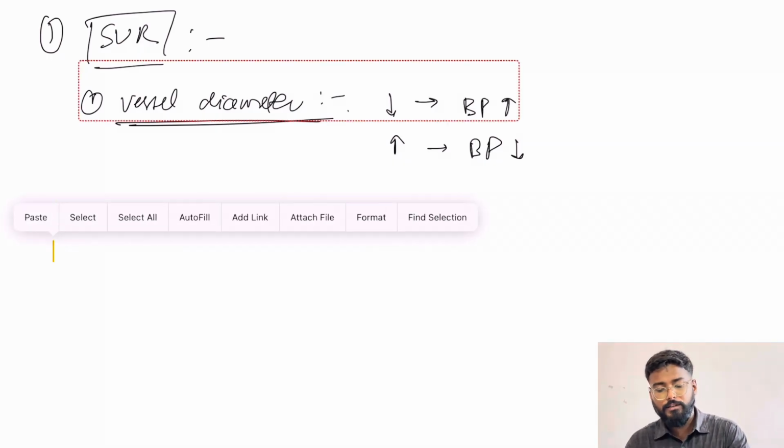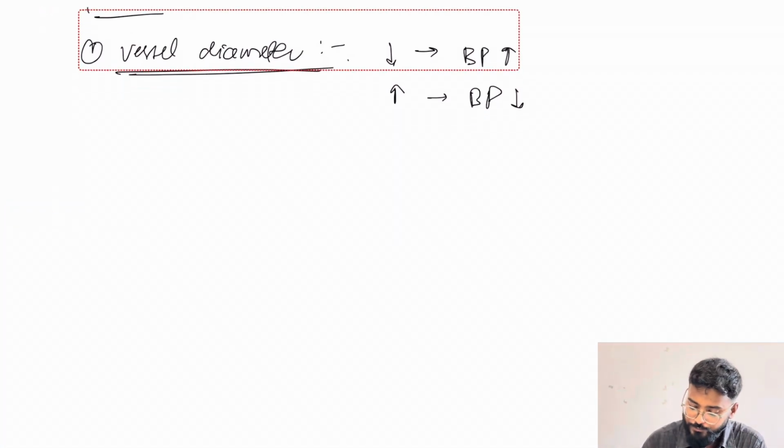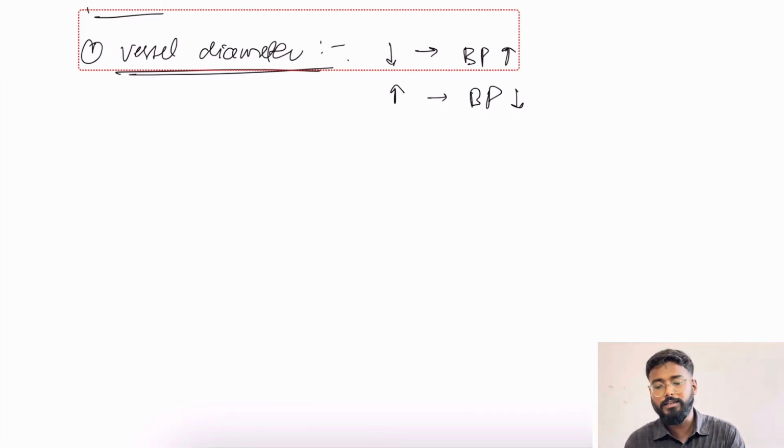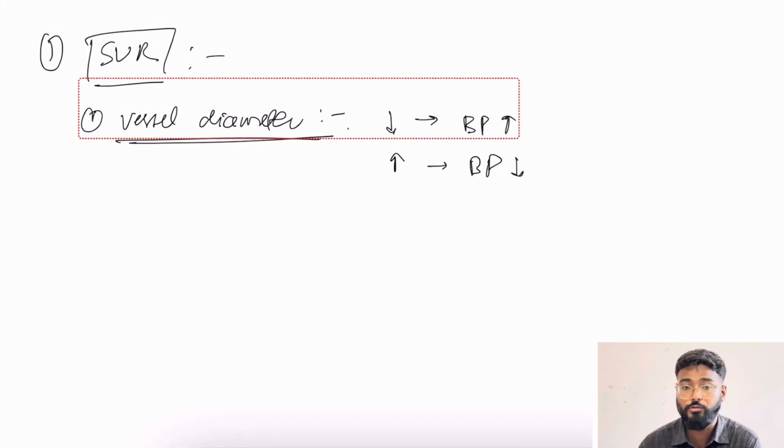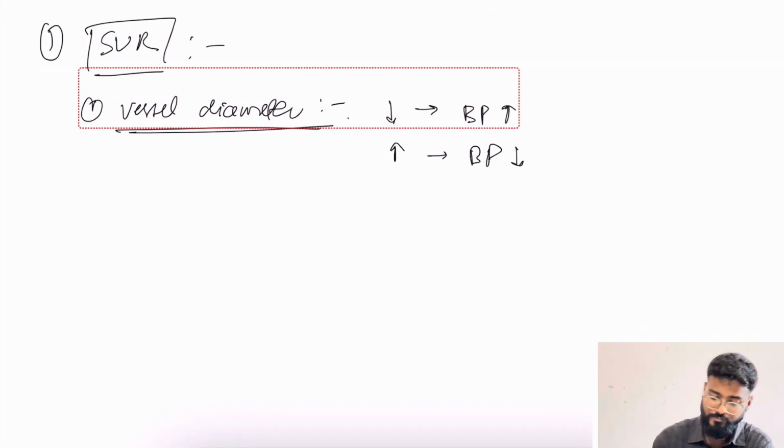So now you can see how your blood pressure is a contributing factor to your systemic vascular resistance, and that is because of your vessel diameter. So blood pressure is one of the factors that contribute to your systemic vascular resistance.